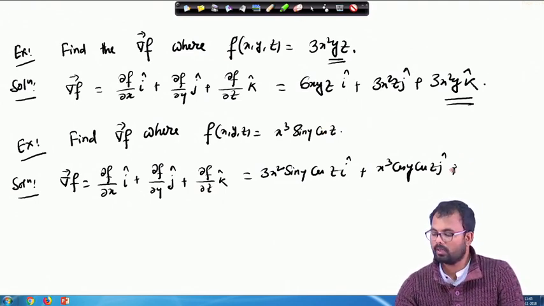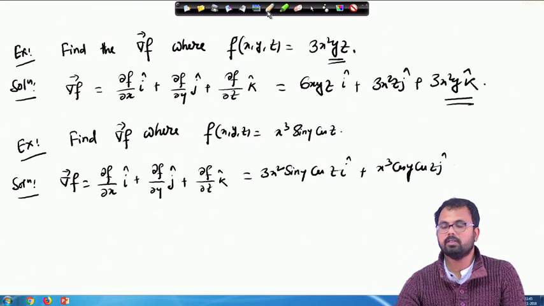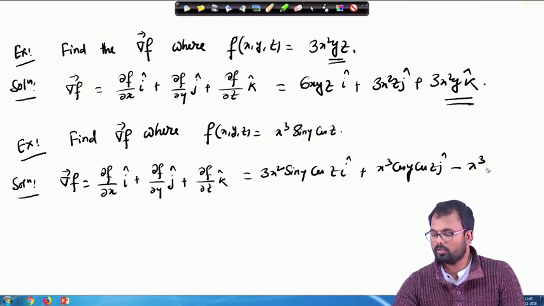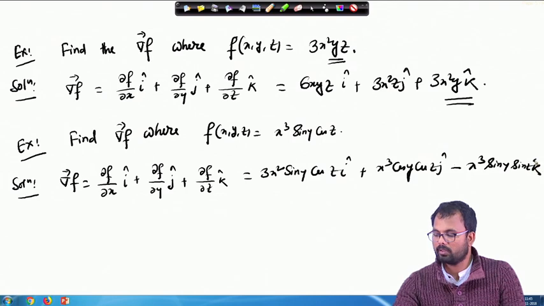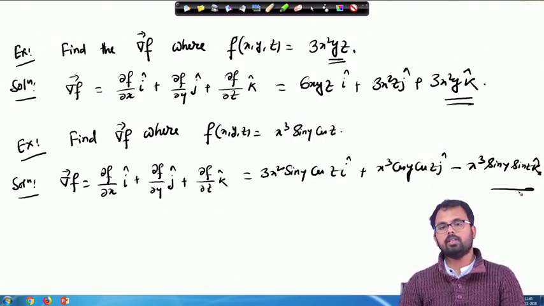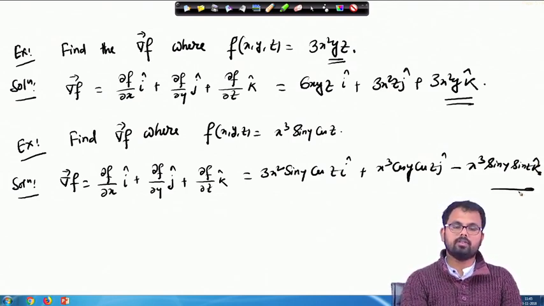So, instead of plus, I can have minus here. So, this will be minus x cubed sin y sin z k. That is how we calculate the gradient of a scalar function.